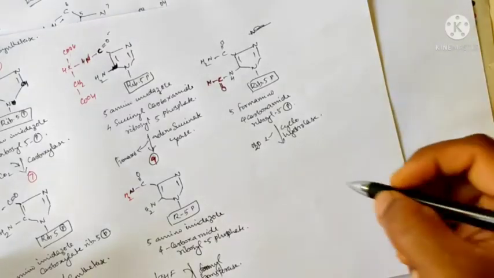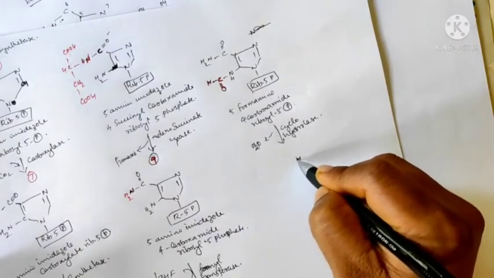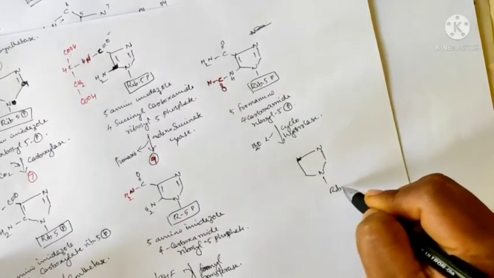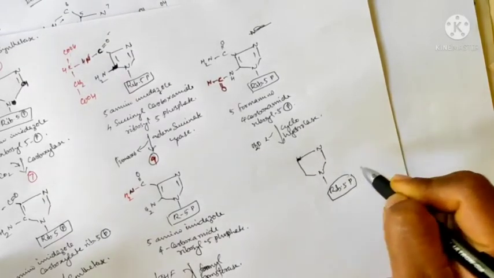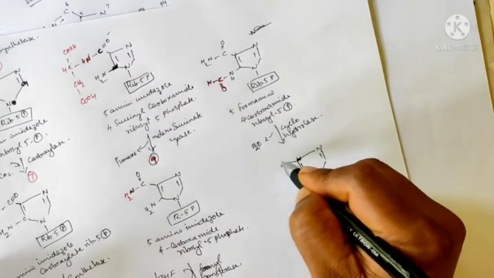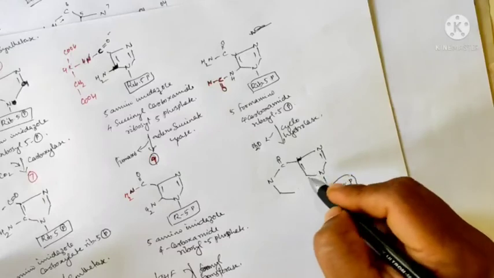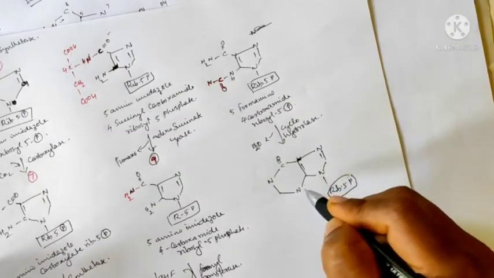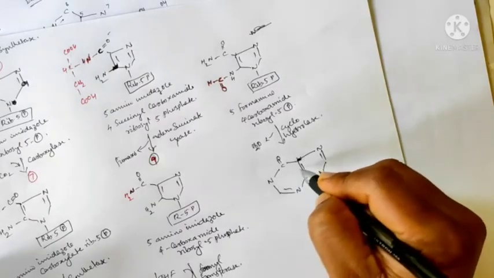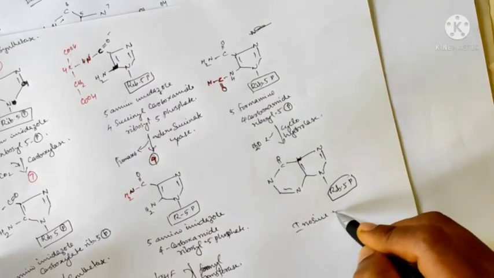Cyclization occurs and it forms ribose 5-phosphate, CON, N, okay, this is inosine monophosphate.